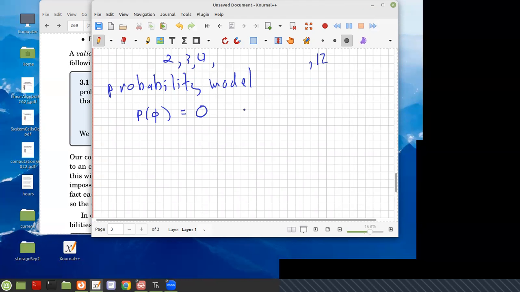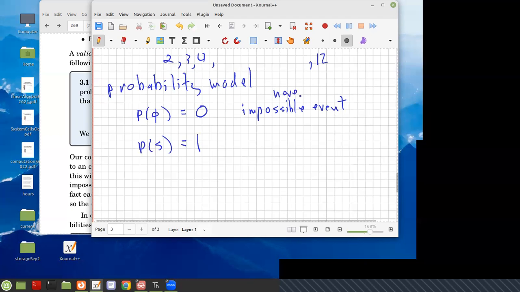Well, a probability of 0 means it is impossible, right? The empty set never happens. It's like the impossible event. On the other hand, the probability of the sample space is 1.